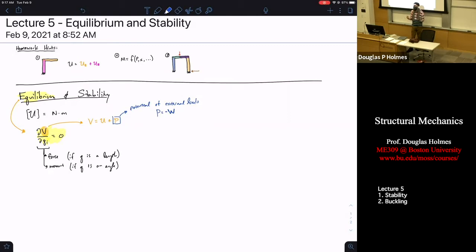It's actually really useful to think of potential energy as a topography, literally like the contours of the ground, and to picture a ball in that topography. And what I mean by that is this. So here is my potential energy landscape.